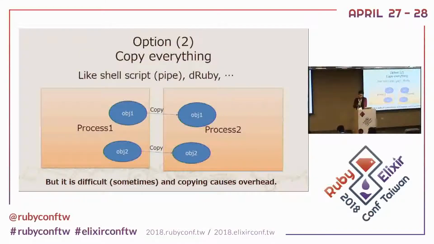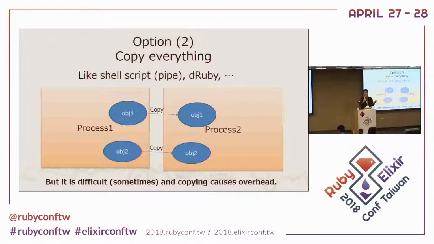So another option is to copy everything. If we want to share the object or object information, and we copy everything, there is no sharing, no mutable sharing. So it is like a shell script. We can send some data to another process, and each process is isolated.